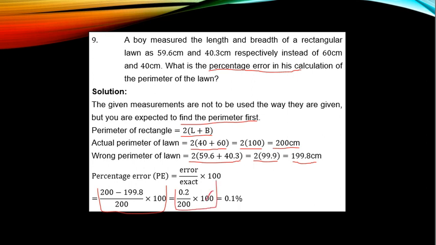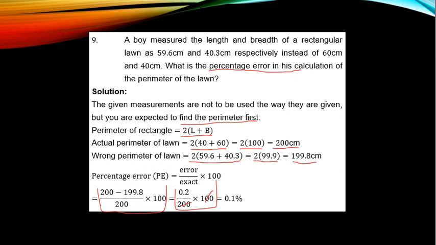If these 2 zeros take care of those 2 zeros, we are left with 0.2 over 2, and that is 0.1% as the percentage error in the calculation of the perimeter of the rectangular line.